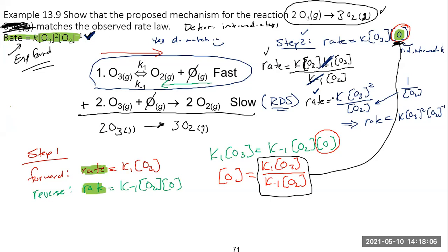Both of those things have to happen for it to be a good, or plausible, mechanism. If something does not match, it really wouldn't occur via those proposed steps. Any questions on this type of mechanism problem?